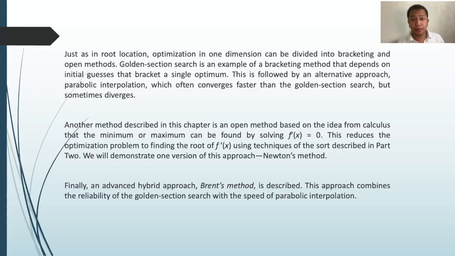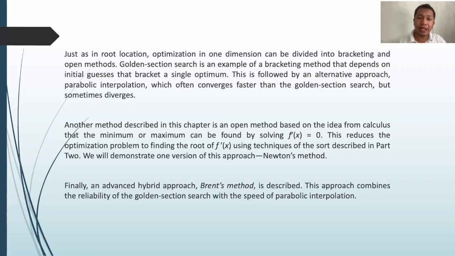Just as in root location, optimization in one dimension can be divided into bracketing and open methods. Golden section search is an example of a bracketing method that depends on initial guesses that bracket a single optimum.